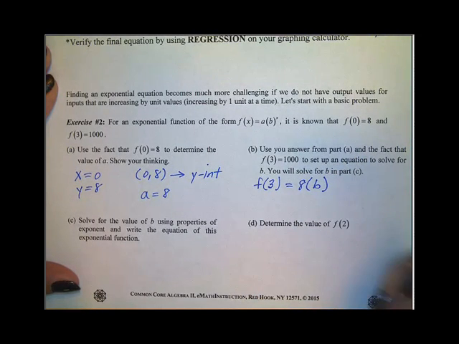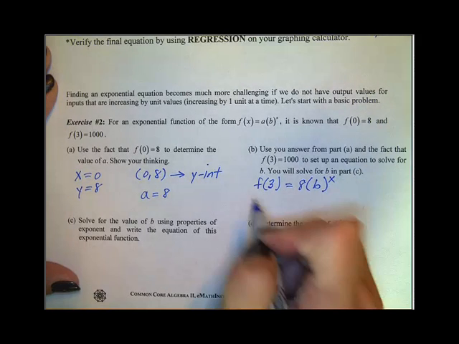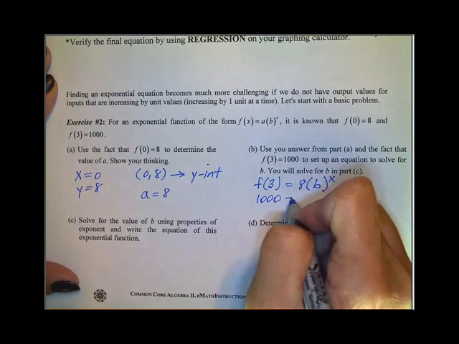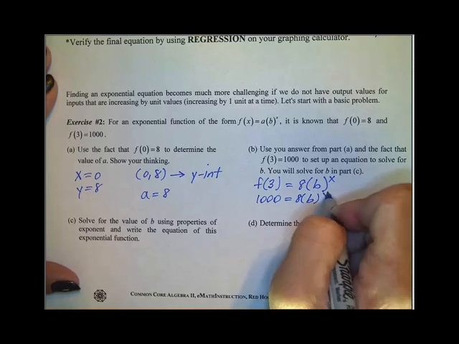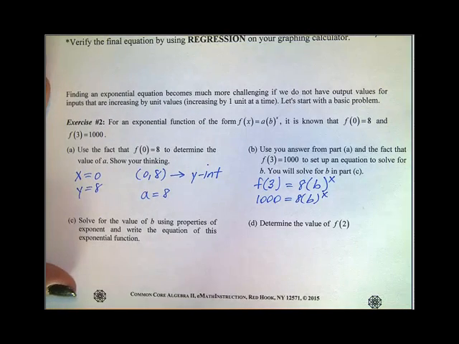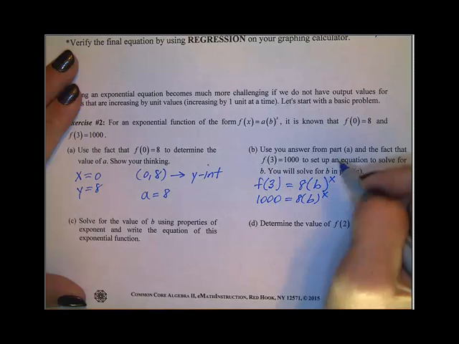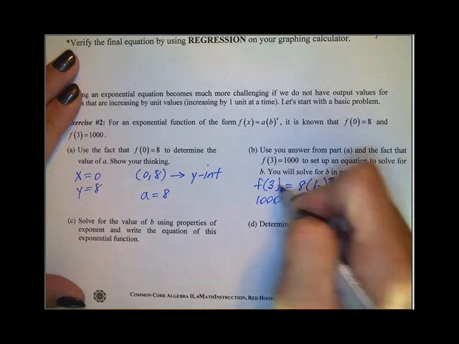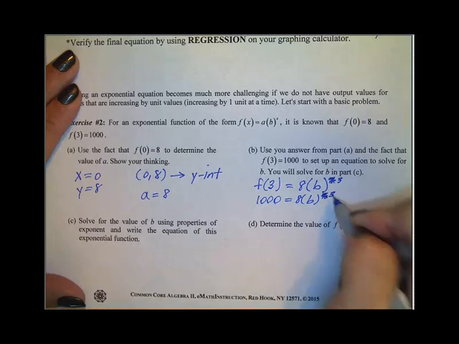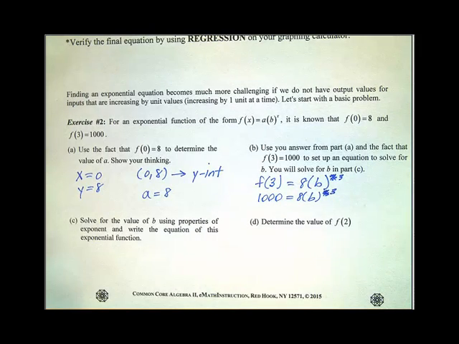And we know that our variable is x. Now we know f of 3 is 1,000. So we're looking for b. Sorry, this should be a 3, because that's x. Can't have two variables.